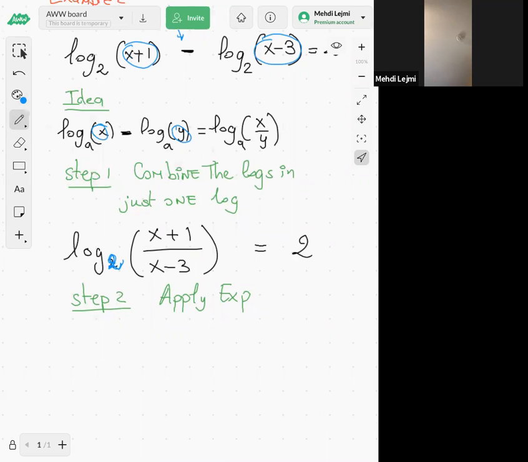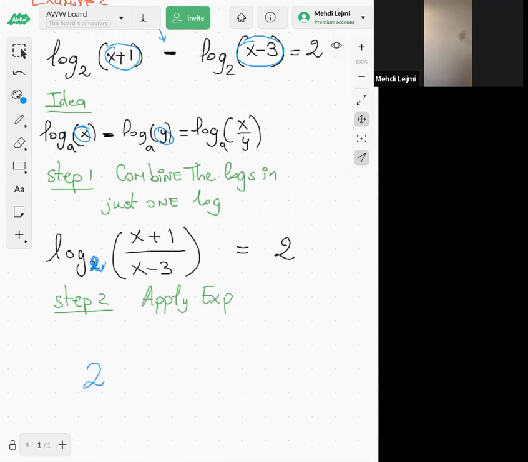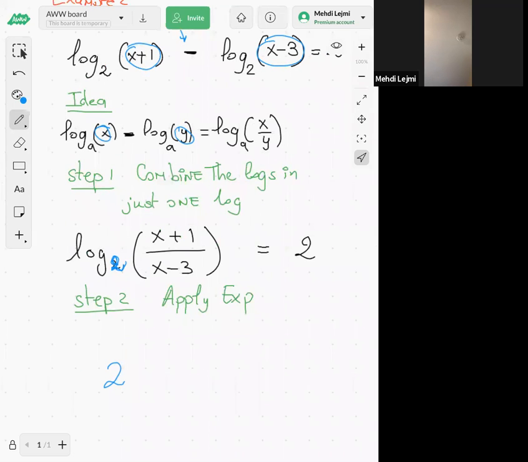So here's my 2. Here's my 2. Right. Now the right side, I have a 2, so it's going to be 2 power 2 on the right side, and on the left side I have 2 to the power log in base 2 of x plus 1 over x minus 3.